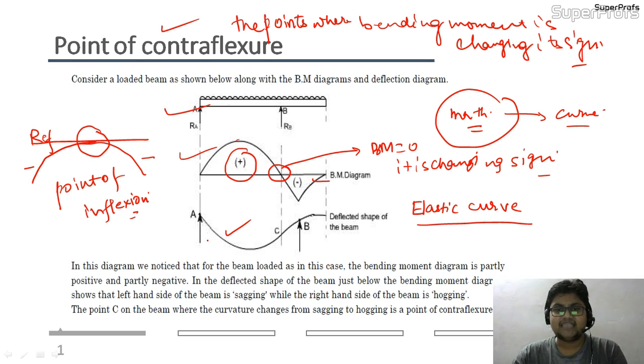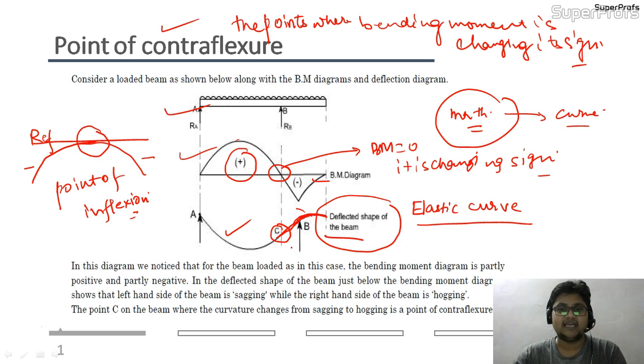From this diagram, the deflected shape of the beam has been shown here. It is written here also; you can note it down. Up to point B there is a concavity upwards and suddenly there is a convexity. What I mean to say is that from this point C itself, the nature of the curve is changing.